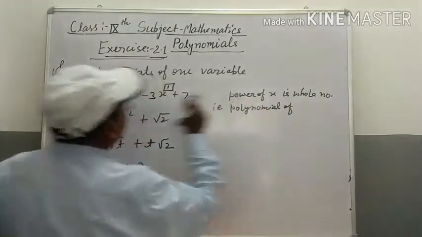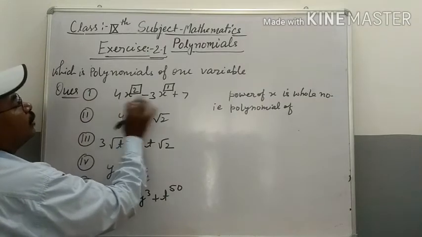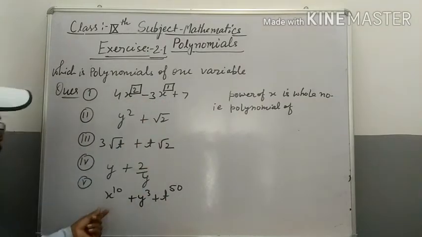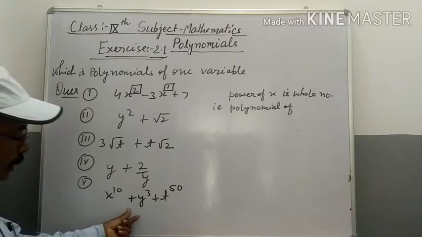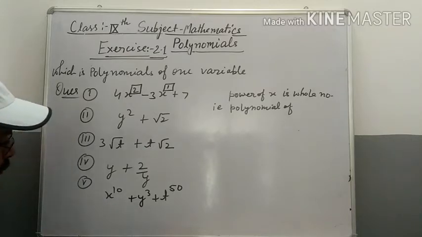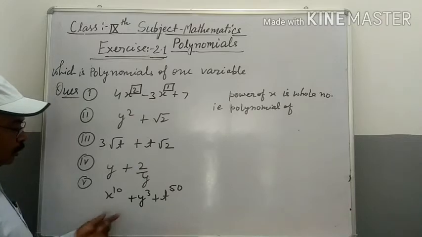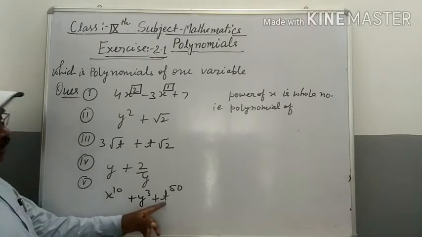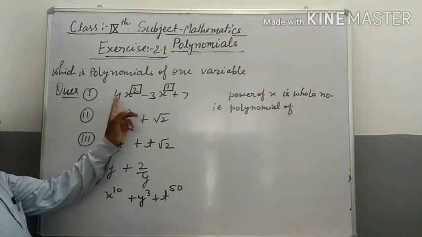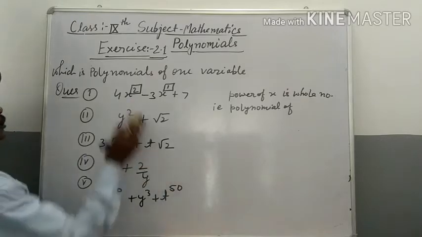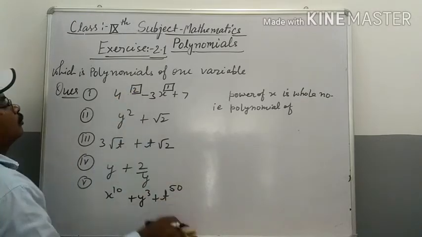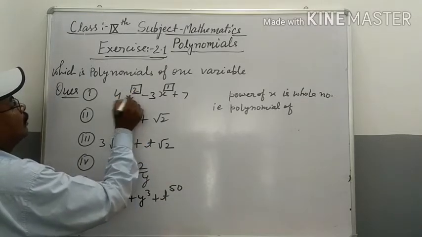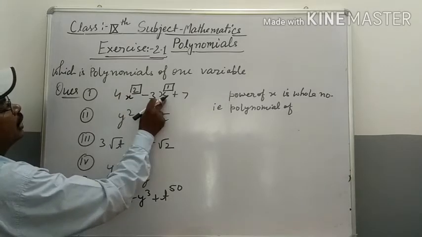of one variable. Here the variable is x, only x, not like the fifth example. In the fifth example there are three variables x, y and t. In the first example, students, the only variable of the polynomial is x, here also x.